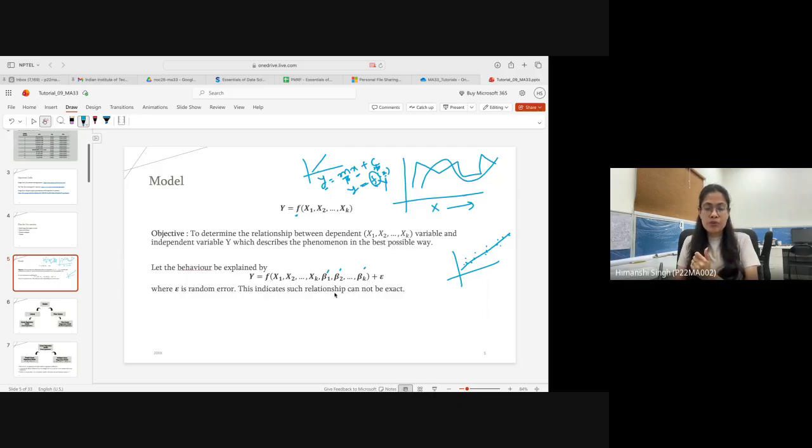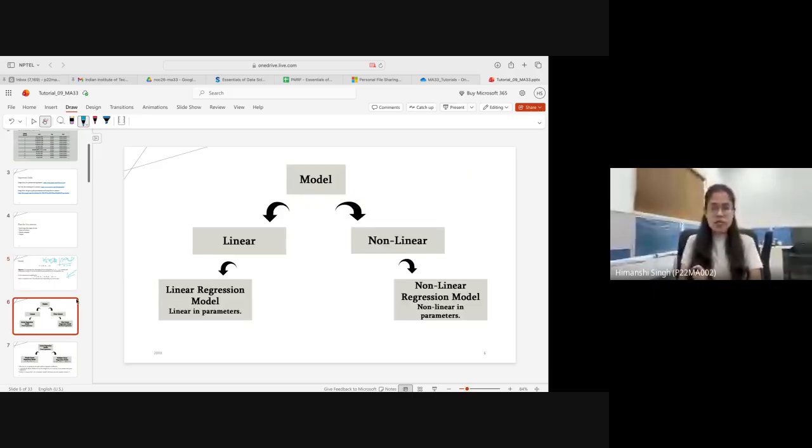We do not have any concern about whether it is linear in x1, x2, ..., xk or non-linear in x1, x2, ..., xk. We are not concerned with that. We only say it is a linear regression analysis if it is linear in beta1, beta2, ..., beta k, and non-linear if it is non-linear in beta1, beta2, ..., beta k. That is the only thing.